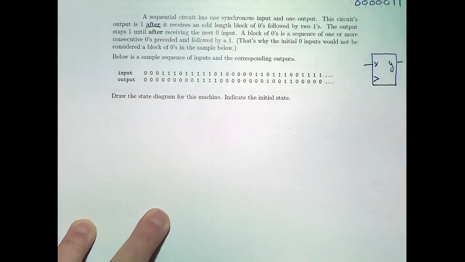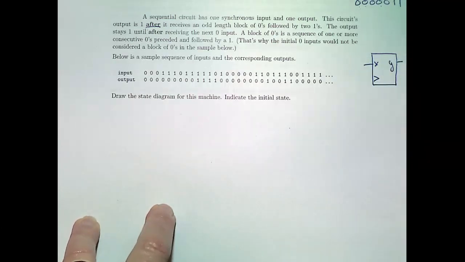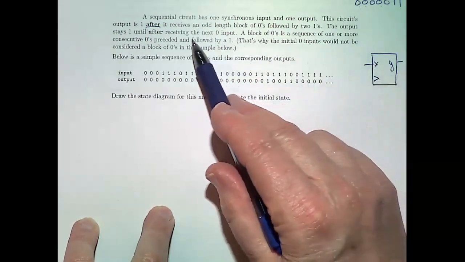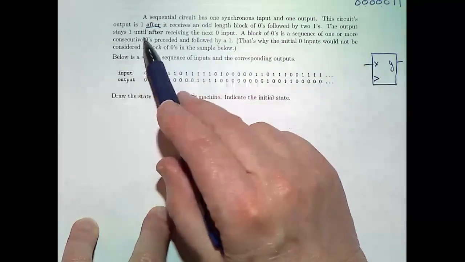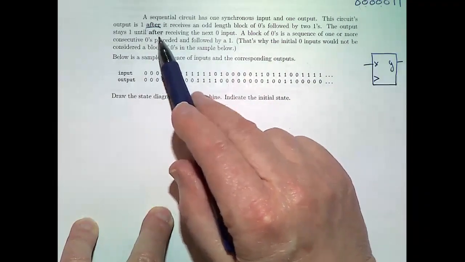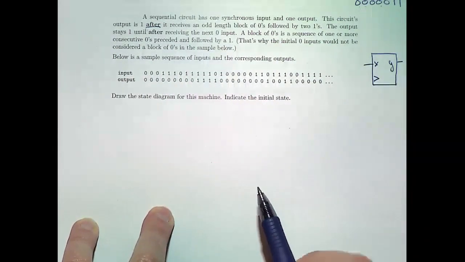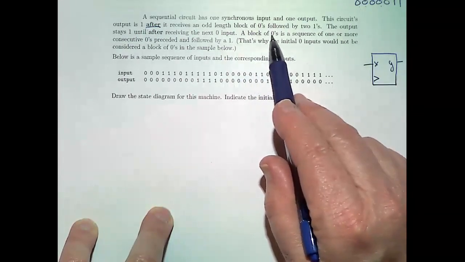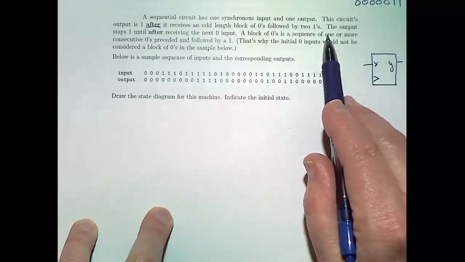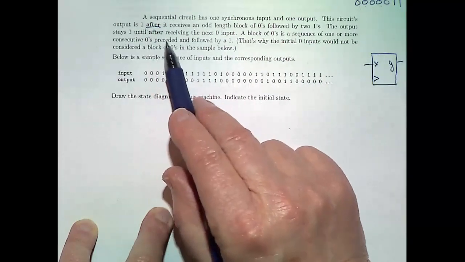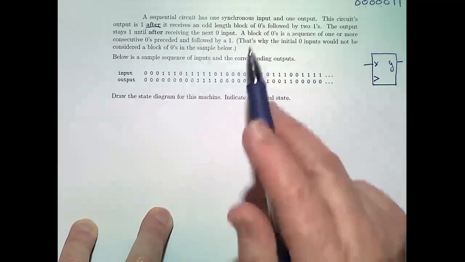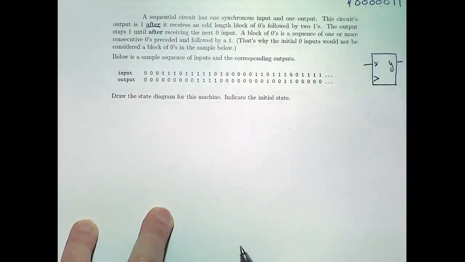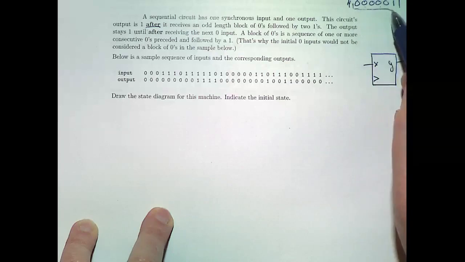That's not the only odd number, but 5 is odd. And we need 2 ones, and the output stays 1 until after receiving the next 0 input. Oh, and then there's a helpful note here: a block of zeros is a sequence of one or more consecutive zeros preceded and followed by a 1. So we have to have a 1 before it in order to consider this a block.